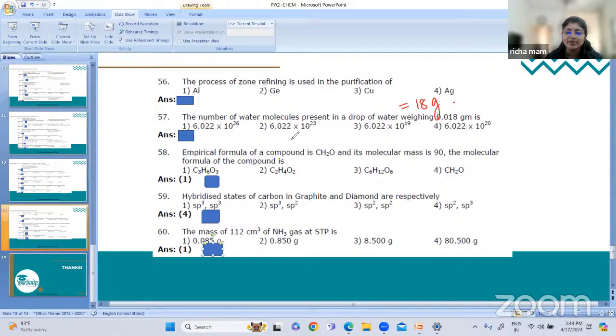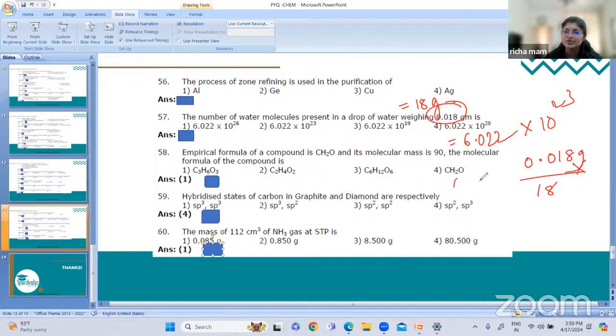So we have to calculate the number of water molecules in 18 grams of water, which will be equal to Avogadro's number, that is 6.022 into 10 raised to 23. So the number present in 0.018 grams will be 0.018 divided by 18 into Avogadro's number, 6.022 into 10 raised to 23. After solving, I will get 6.022 into 10 raised to 20. Option number 4.